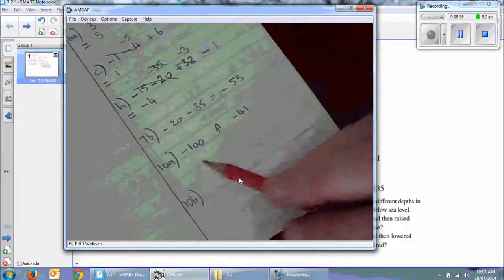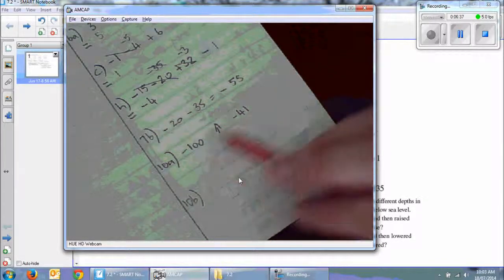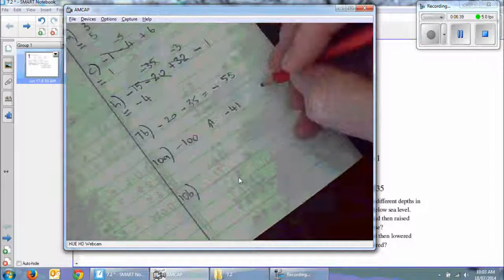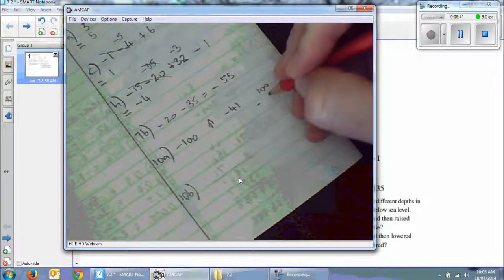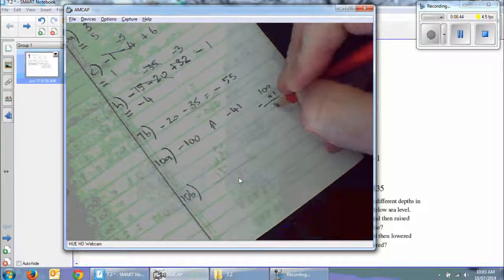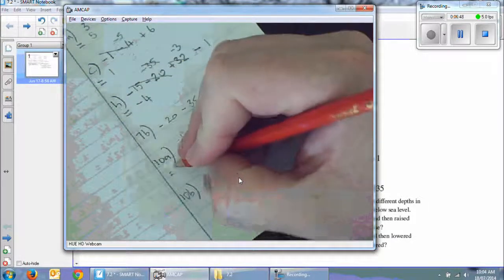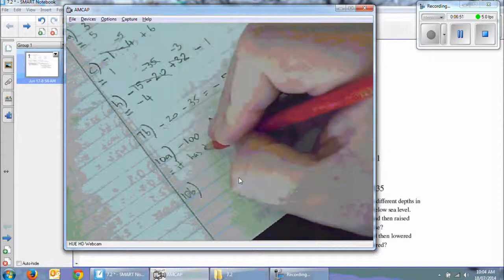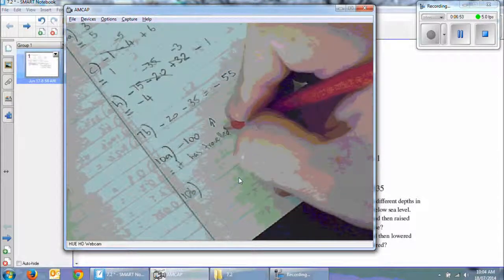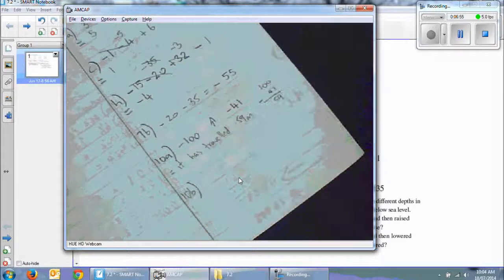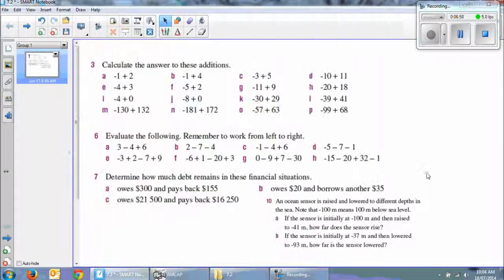Well, the amount of numbers in between those two can be worked out like this. 100 take away 41, which obviously gives us 59. So it has travelled 59 metres.